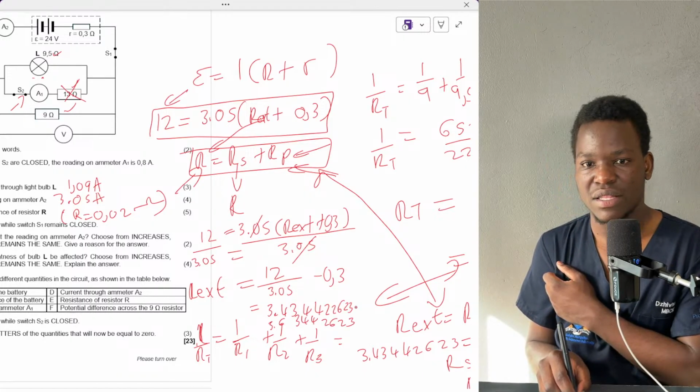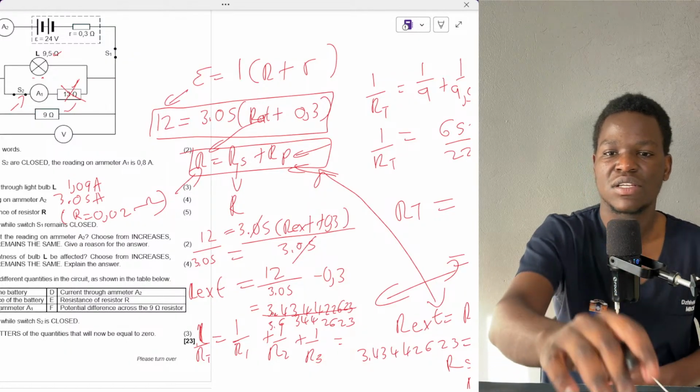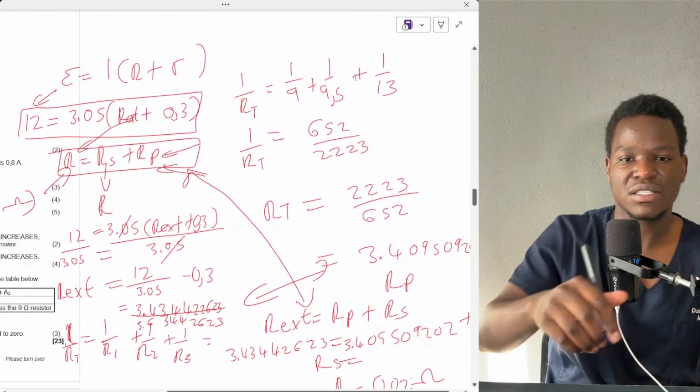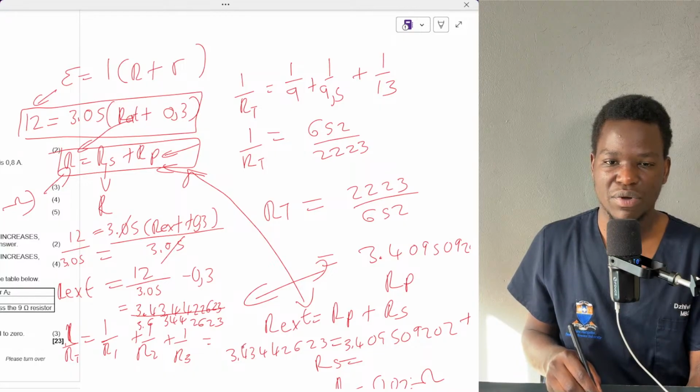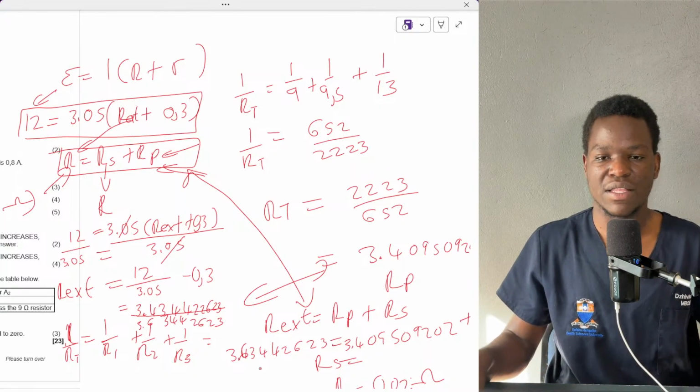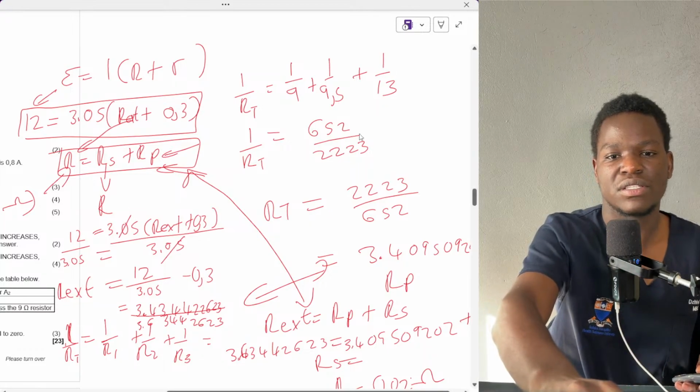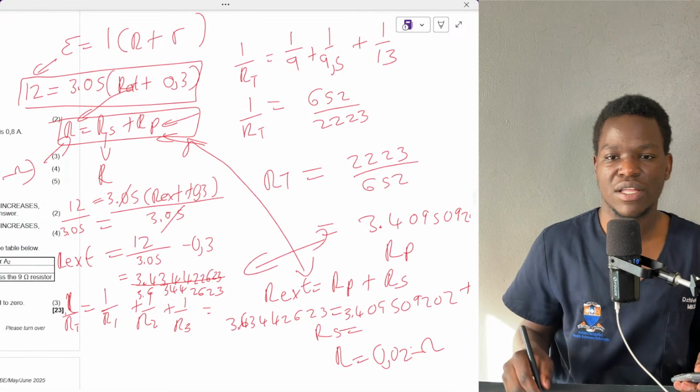3442623. There is just 3.6. So now the difference here is just, it's going to say 3.6 here, 3.6, and then here it's just going to change.